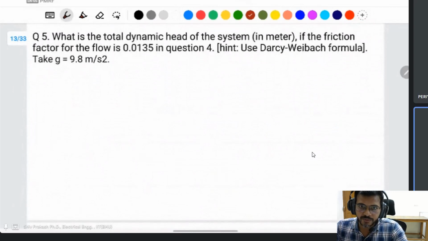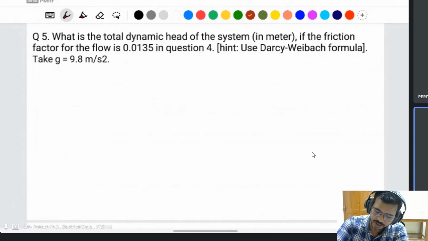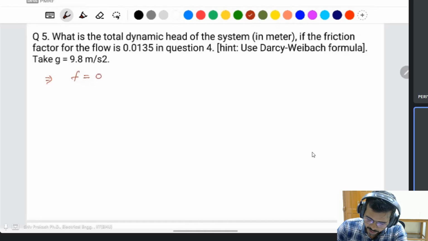The next question is related to the same question. What is the total dynamic head of the system in meter if the friction factor of the flow is 0.0135? The friction factor is given as 0.0135, and g is 9.8 meter per second square.